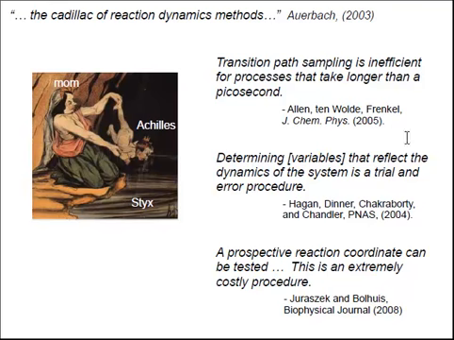So this was something that was really, really needed at the time. In order to test whether the coordinate that you guessed was correct, you had to go through this very, very expensive procedure, as noted here by Ballhaus. Each individual test takes a very long time, really hundreds of thousands of trajectories.